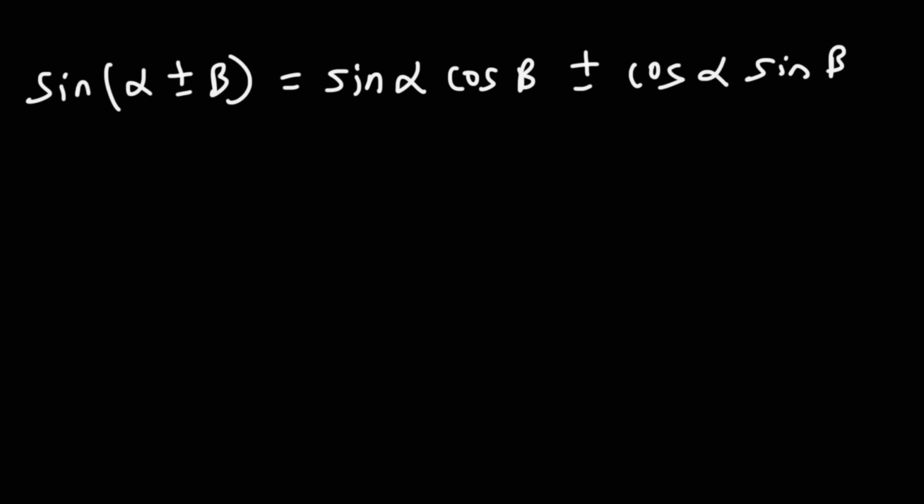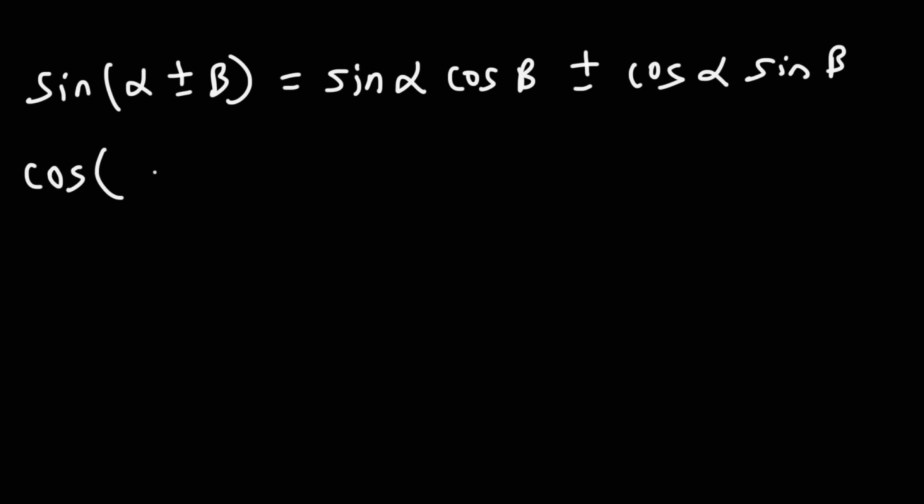Now pay attention to the signs. Notice the order. Here the positive sign is on top, and here the positive sign is on top. So that means that when this is positive, this is going to be positive. When this is negative, this is going to be negative. They match.